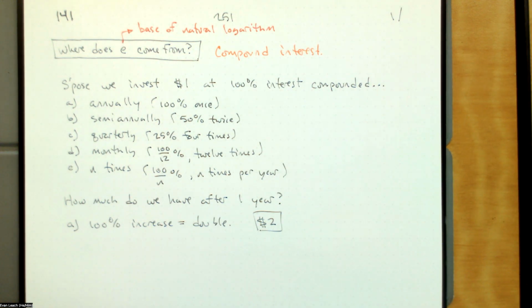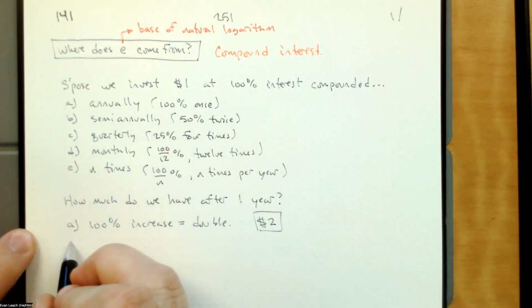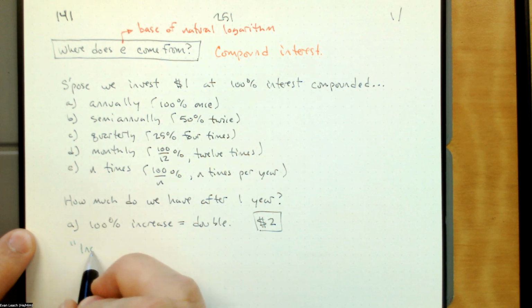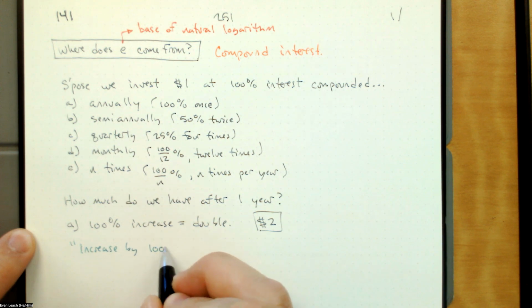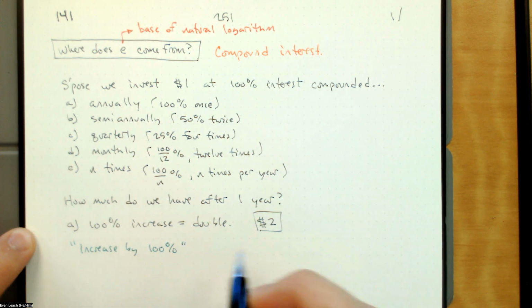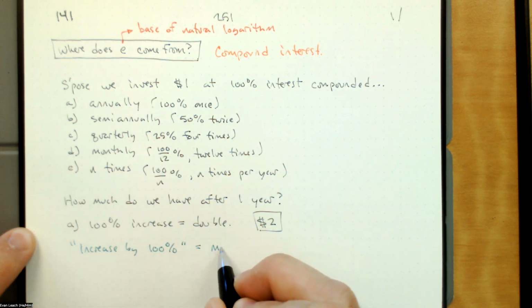Here's where being able to answer the question quickly does not help us. Where does that double come from? So when we see the increase by 100%, we know that this is equivalent to multiplying by 2.